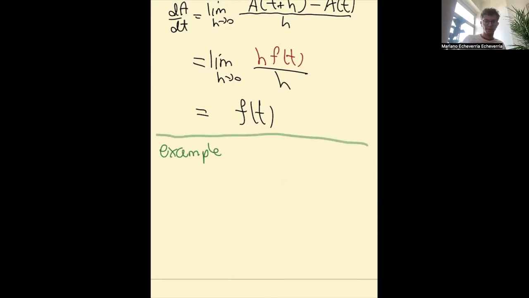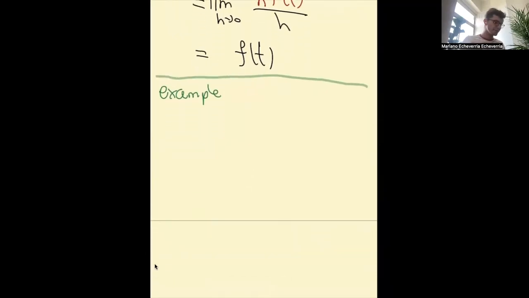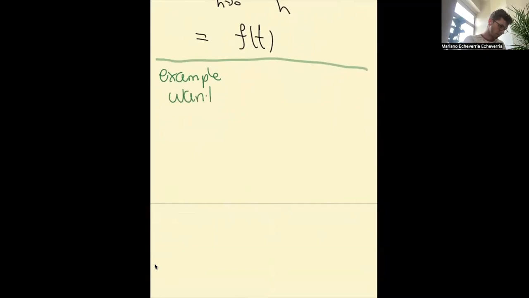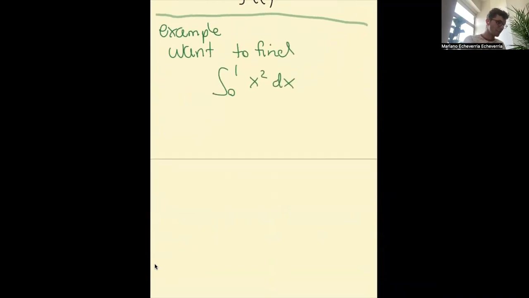Let's see. So let's say you want to find the integral from 0 to 1 of x squared dx. What does that mean? It means that here you have y equals x squared, here you have 0 and 1, and you want to find this area.